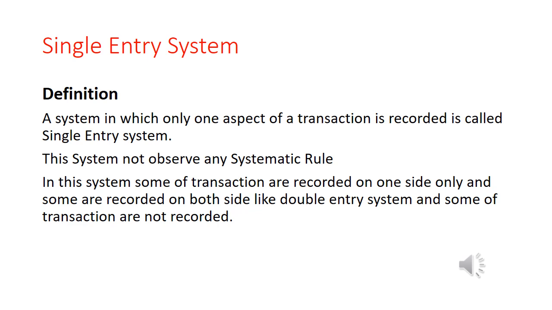Single entry system is a mismatch, so it is very difficult to give a proper definition of this system. On the whole, single entry system is that which is not double entry system. It can be said that this system is nothing but a mixture of double entry, single entry, and no entry.